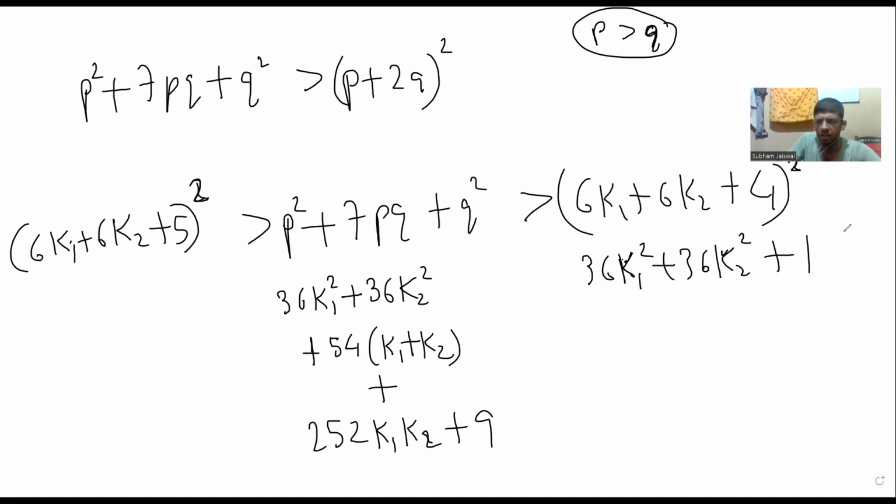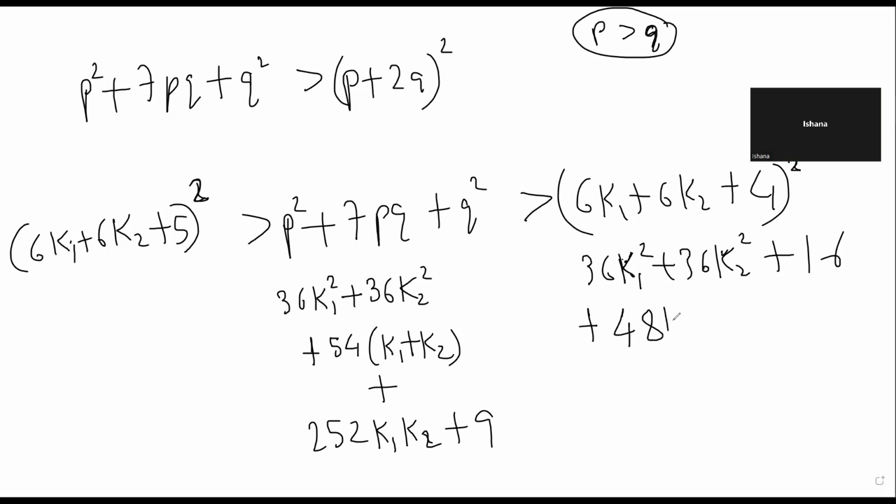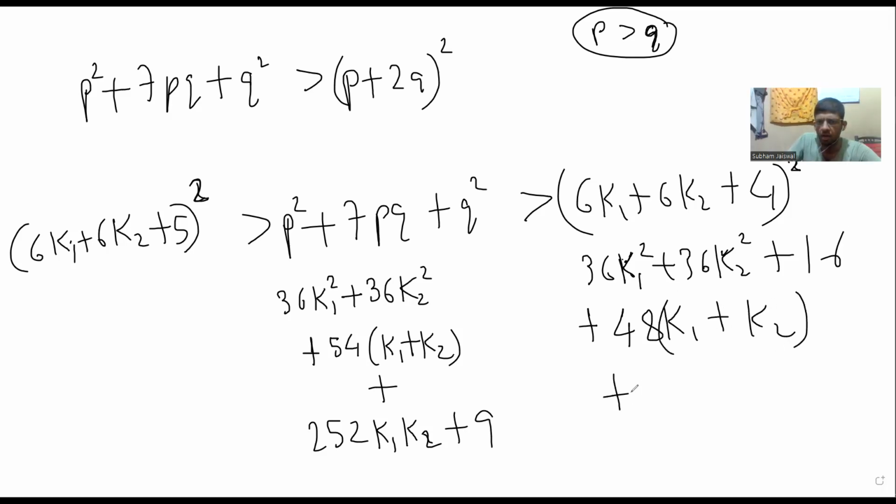Then 16, and what are the other things? 48, 48 (K1 plus K2), and 72. Right.